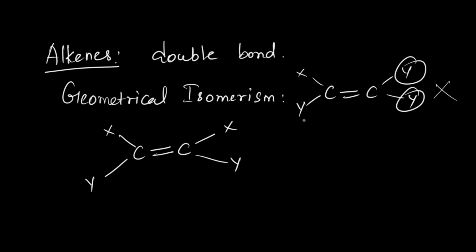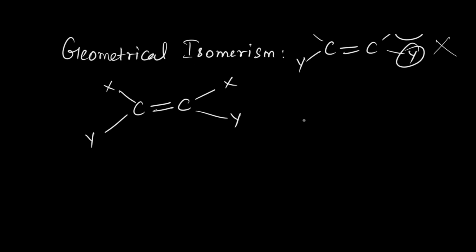Okay, so talking about isomerism, the two groups should be different. If the same groups, for example H and H, CH3 and CH3, Cl and Cl, are on the same side, then this isomer is cis.